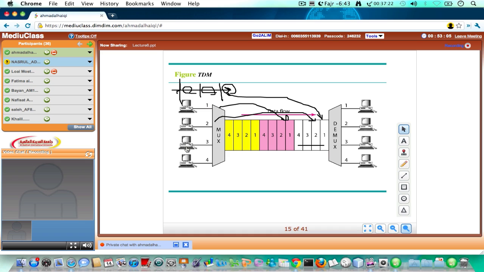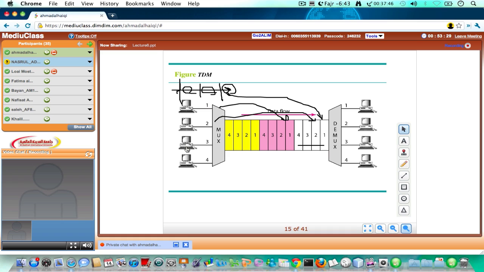So you see in this figure in white color, we have just one frame. One frame means one whole cycle. We cycled from 1 to 4, taking one unit from each: a unit from input 1, a unit from input 2, a unit from input 3, a unit from input 4. This is one frame. Send this. Then another iteration, another cycle from 1, 2, 3, 4, another frame.